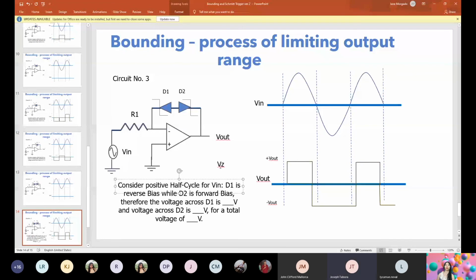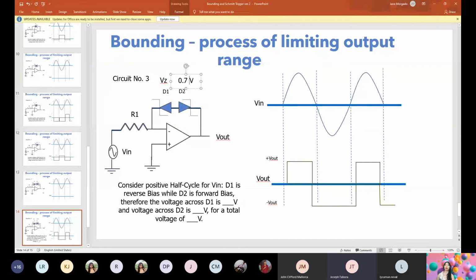So therefore, what is the voltage across D1, the Zener? It would be VZ. How about D2? 0.7. D2 would be 0.7 volts.